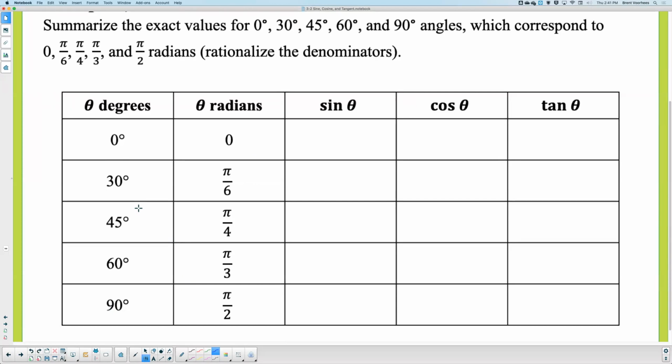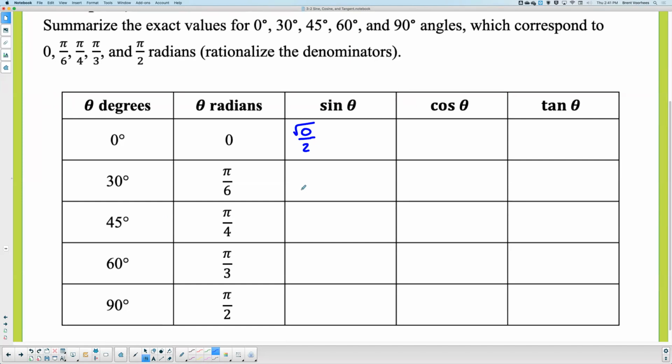Now, I'm going to write this out, and I want you to see if you can figure out the pattern, okay? Here's sine. It says to rationalize. I'm first going to give you the unreduced version, and then I'll give you the reduced version later if necessary. Sine is equal to square root of 0 over 2.